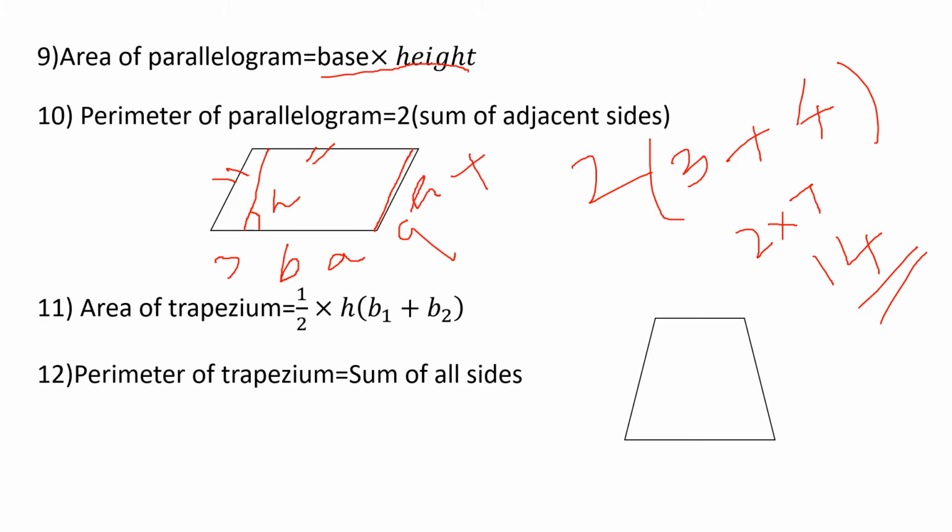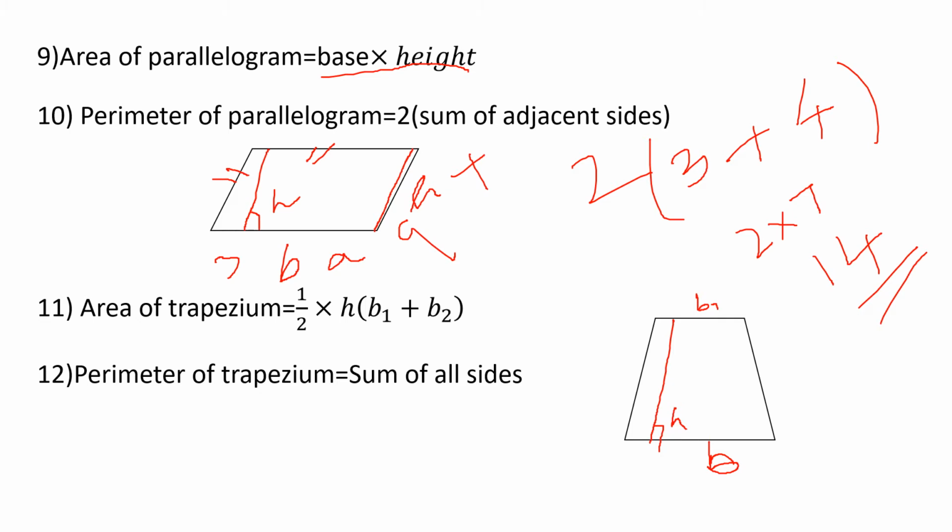Area of a trapezium. Half into height into, this is the base. Okay, we'll take this as base. We can take this also as base. So we can take this as height, and take this as height. So half into height into B1 plus B2.